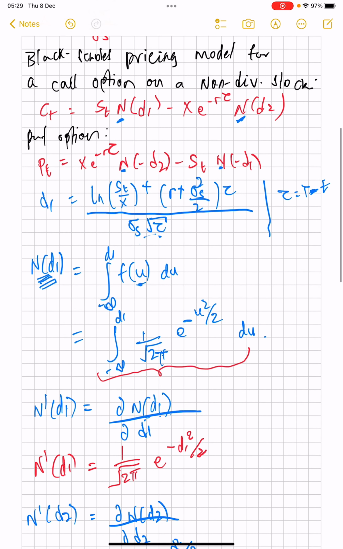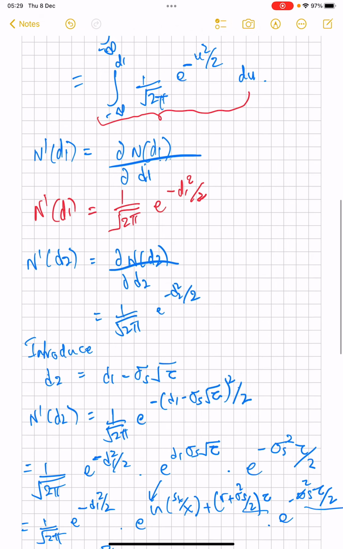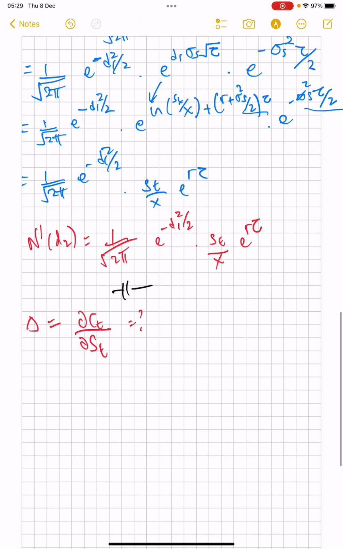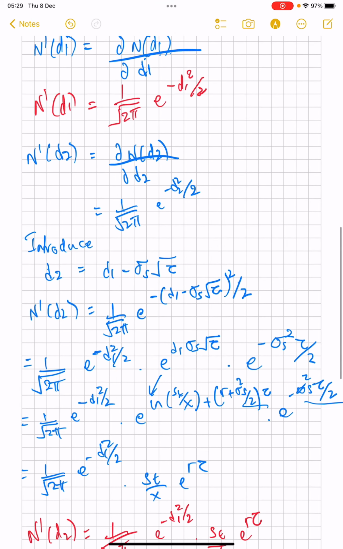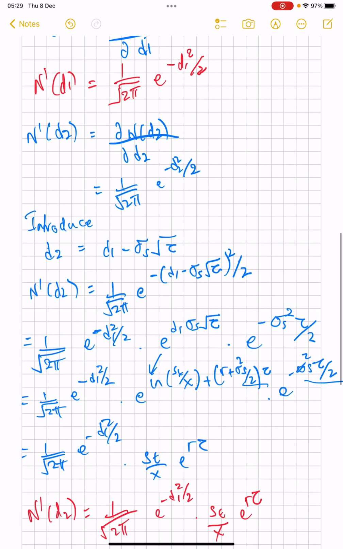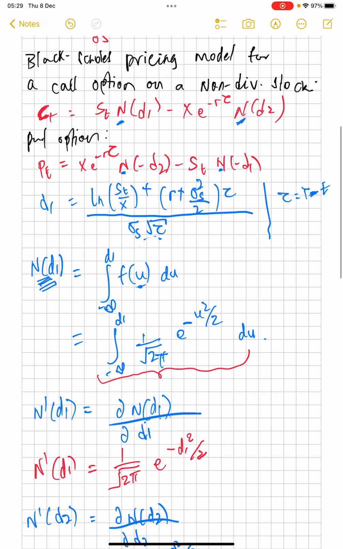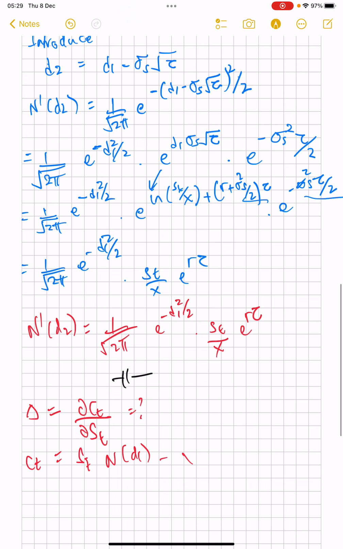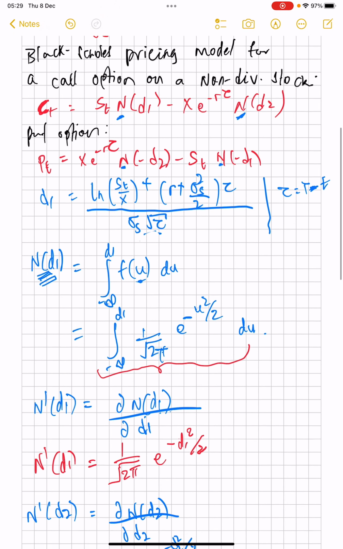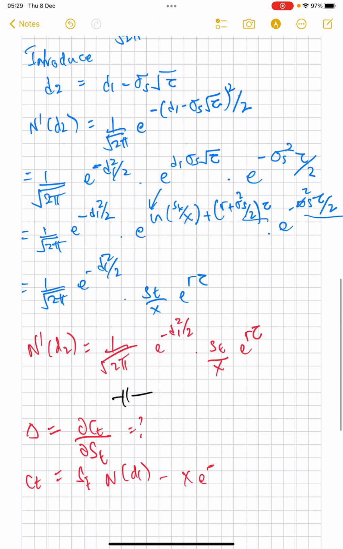I want to derive Ct over ST. I have Ct here being ST N of d1 minus X e to the minus r tau N of d2.